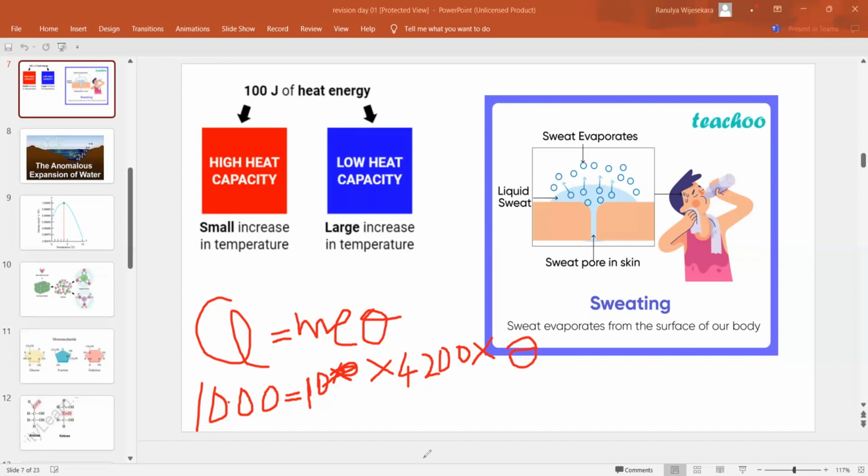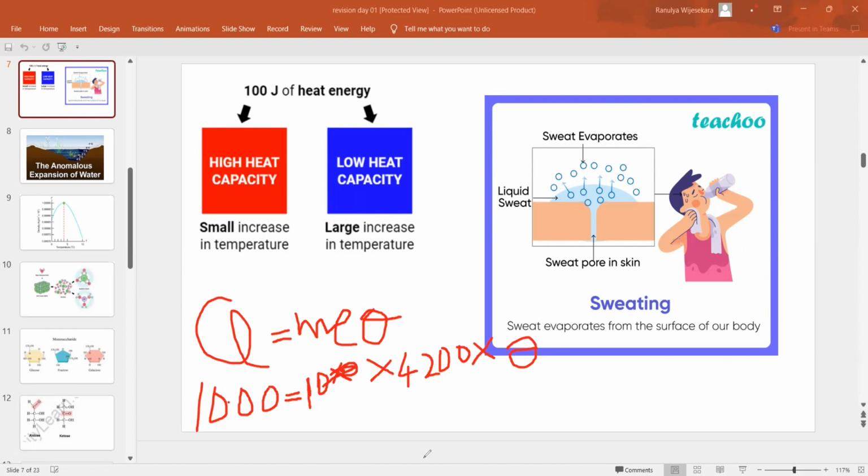So it functions as a thermal buffer in living system and aquatic bodies during temperature fluctuations on Earth. Second one, high heat of vaporization. Due to high heat of vaporization, with a minimum loss of water, an organism can release much heat energy, thus prevent organisms from overheating. Right?